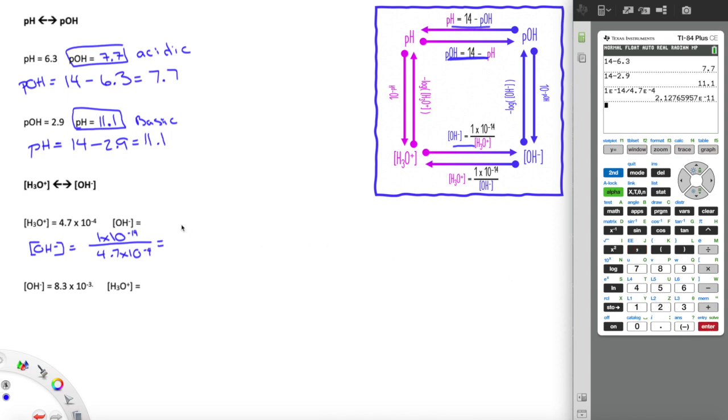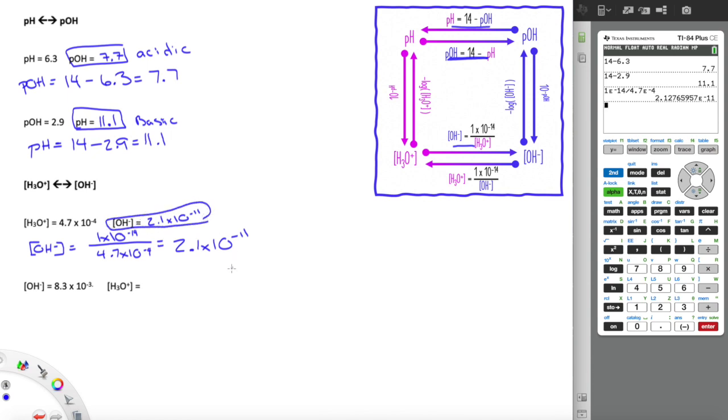And that tells me that my hydroxide ion concentration is, we want to have two significant digits here, 2.1 times 10. And remember, in our calculators, when it gives us that little e, that just means times 10, and then whatever comes after it is going to be our exponent. So my hydroxide ion concentration here is 2.1 times 10 to the negative 11th. And there's my final answer.